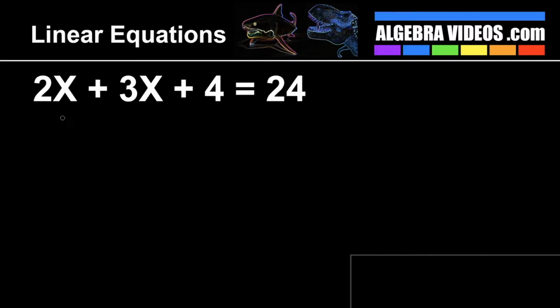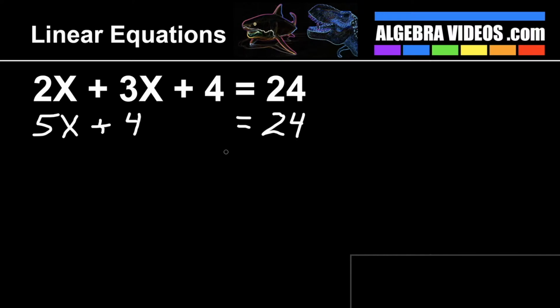So 2x plus 3x simplifies to 5x. Okay? And then everything else I'll just rewrite it unchanged, the same way. So 2x plus 3x is 5x plus the 4 equals 24.